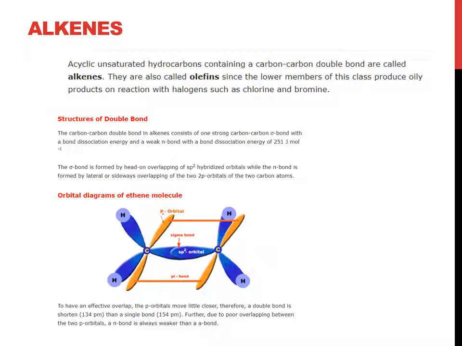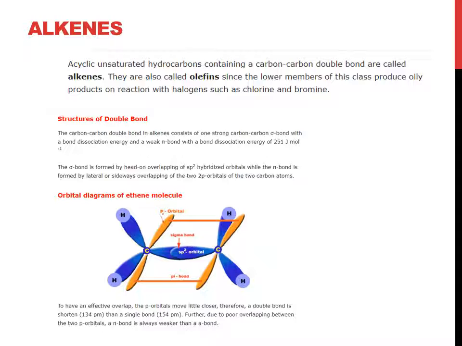The sigma bond is formed by head-on overlapping of sp2 hybridized orbitals, while the pi bond is formed by lateral or sideways overlapping of the two 2p orbitals of the two carbon atoms. I am repeating again, overlapping of two 2p orbitals of the two carbon atoms.